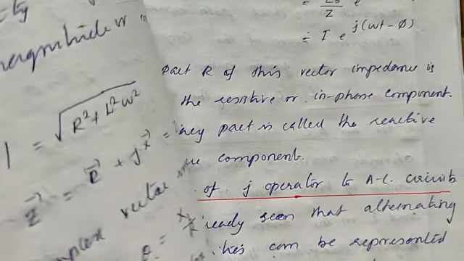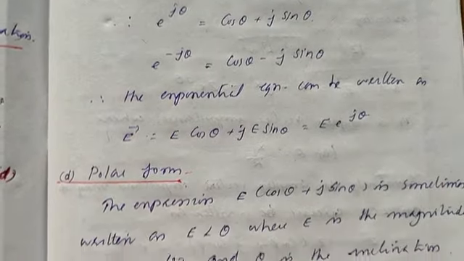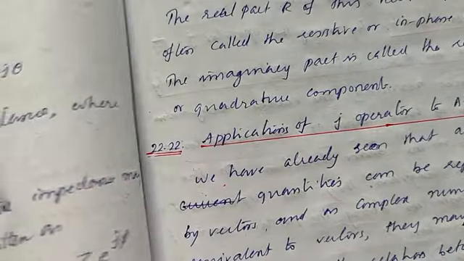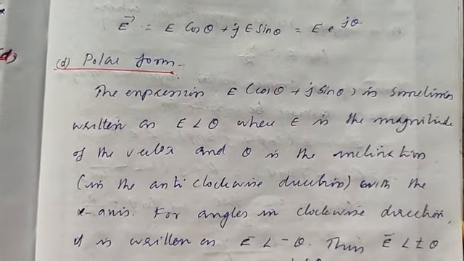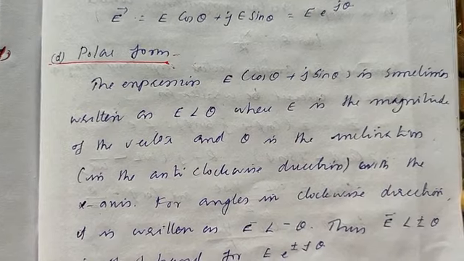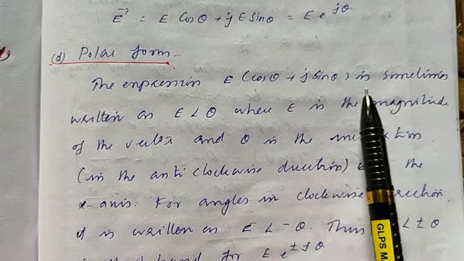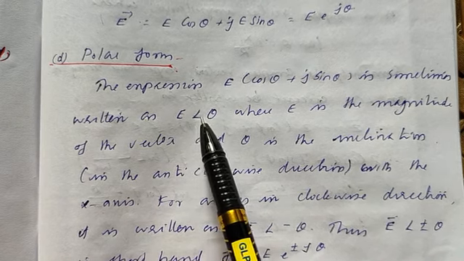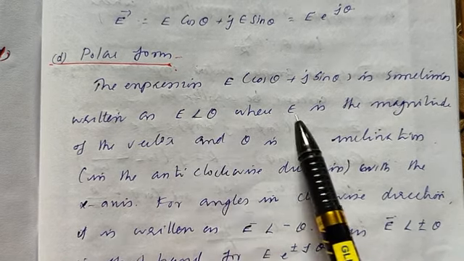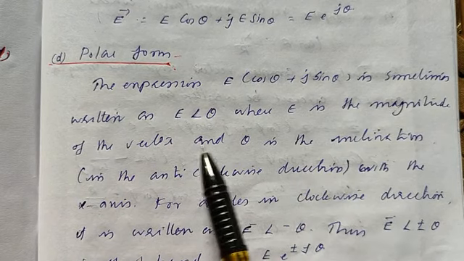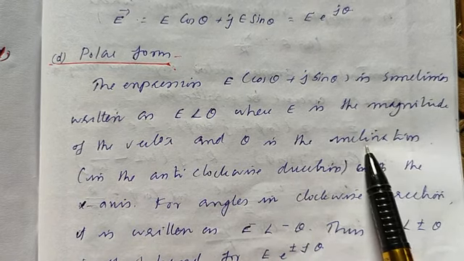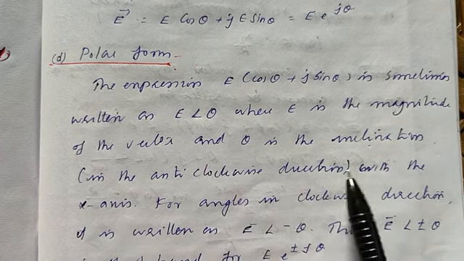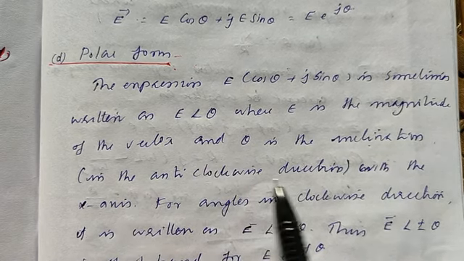Now the fourth form is the polar form. Fourth and last form of representation, polar form. The expression E into cos theta plus j sin theta is sometimes written as E with this symbol theta, where E is the magnitude of the vector and theta is the inclination. So E is inclined with theta in the anti-clockwise direction with the x-axis.